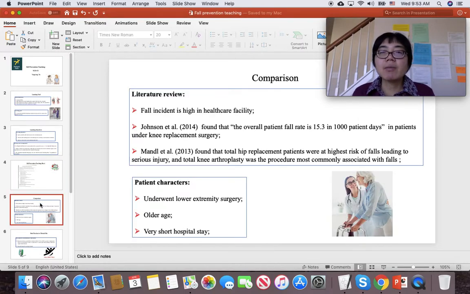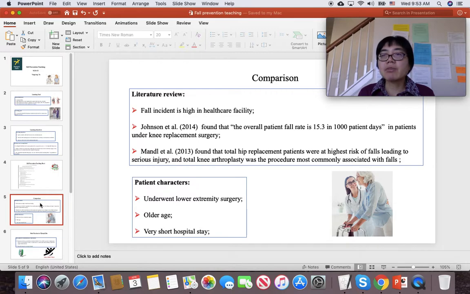I also did some literature review about inpatient falls. Literature shows that inpatient fall incidence is very high in hospital healthcare facilities.